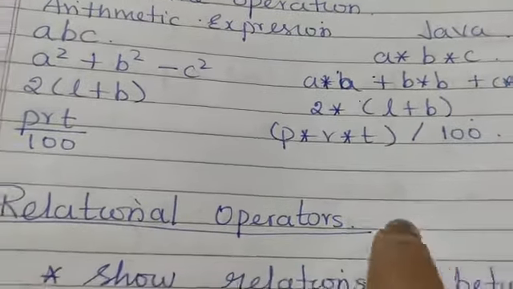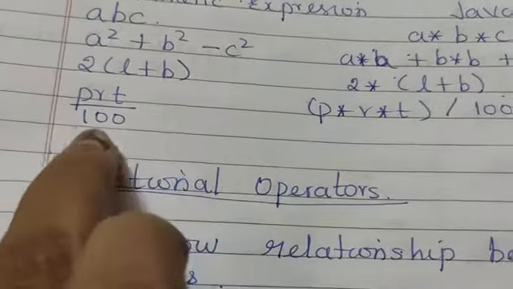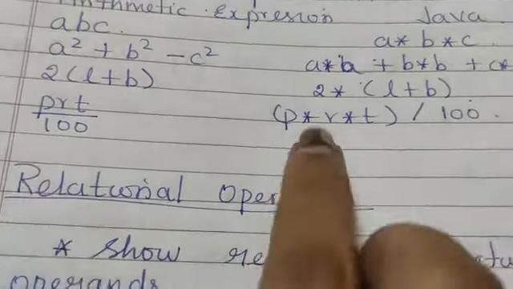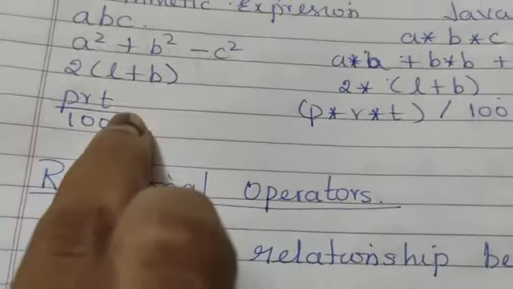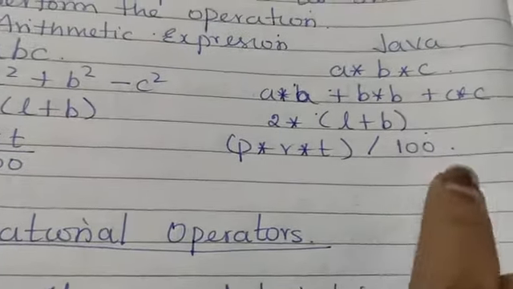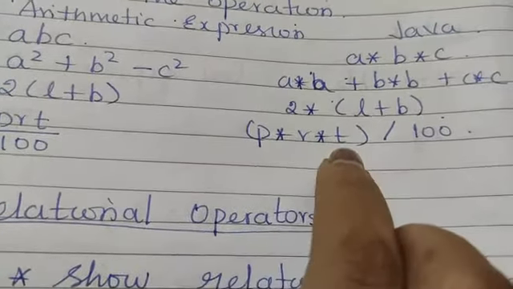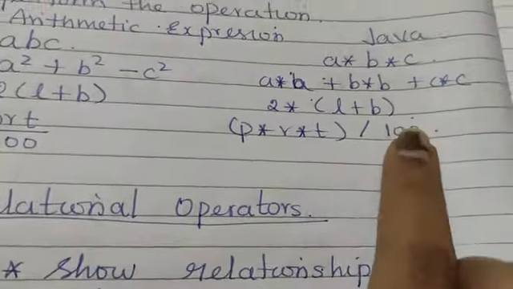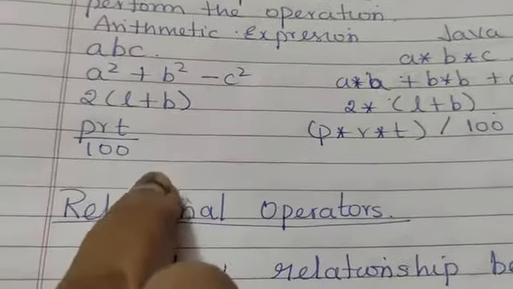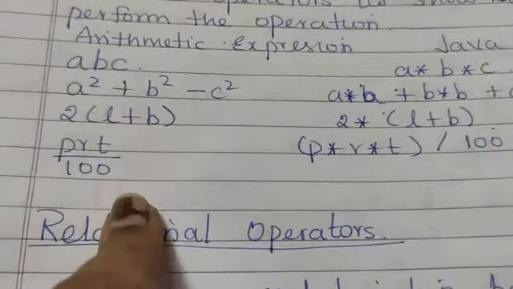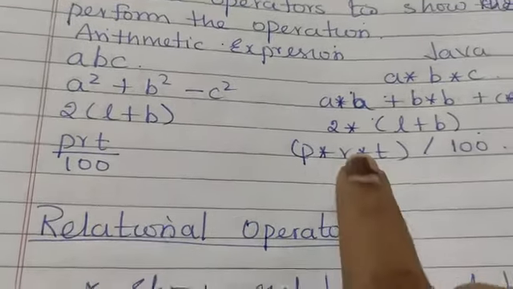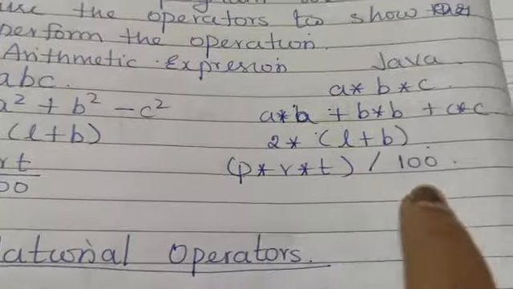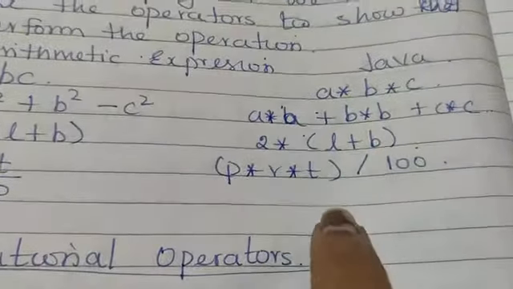For PRT by 100, this PRT should also be given in the bracket, because after multiplying these we are going to divide it by 100. So (P into R into T) by 100. Like this only you have to give in your Java programming. If you give it as we write in our mathematics, the computer cannot understand. In the computer, you have to give the expressions like this only.